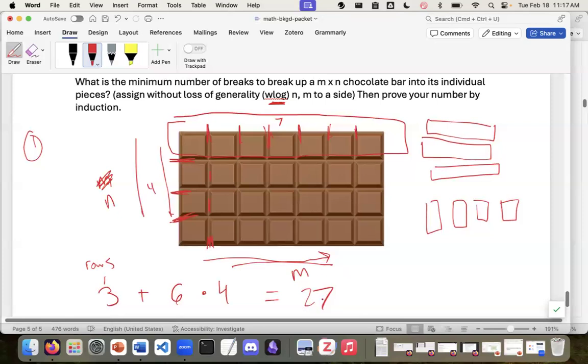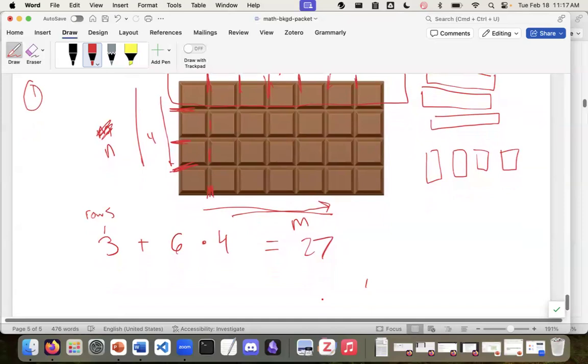So we've done that, and now we have to write our process of what we just did in terms of n and m. So if n is 4 and m is 7, what's 3 in terms of n? N minus 1. And then what's 6 in terms of m?